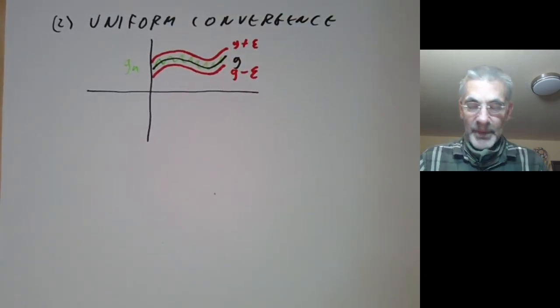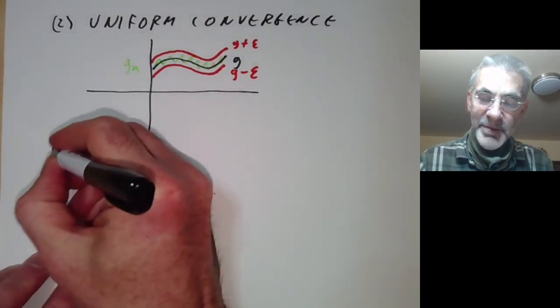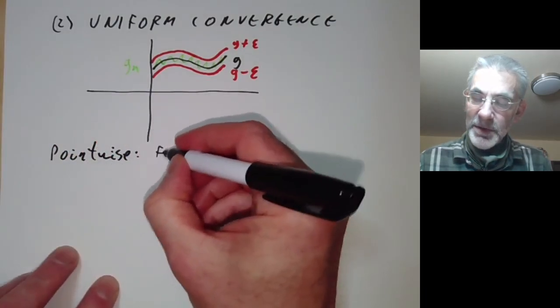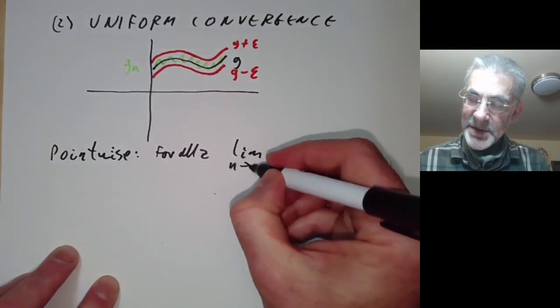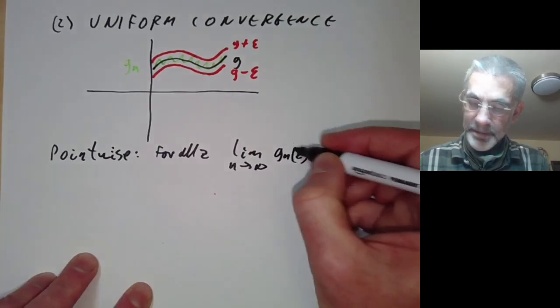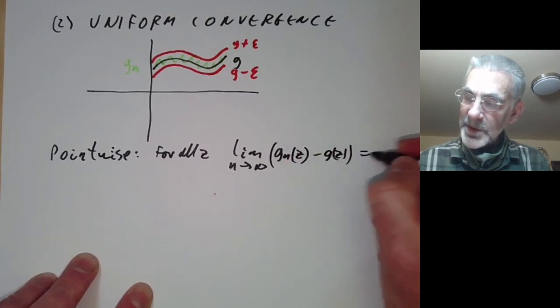So let's contrast pointwise and uniform convergence. Pointwise, you'd say for all z, the limit as n tends to infinity of gn(z) minus g(z) is equal to 0.